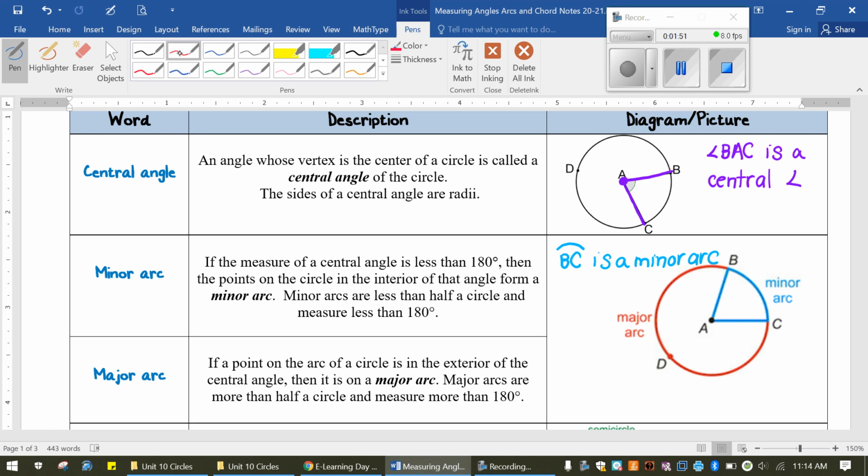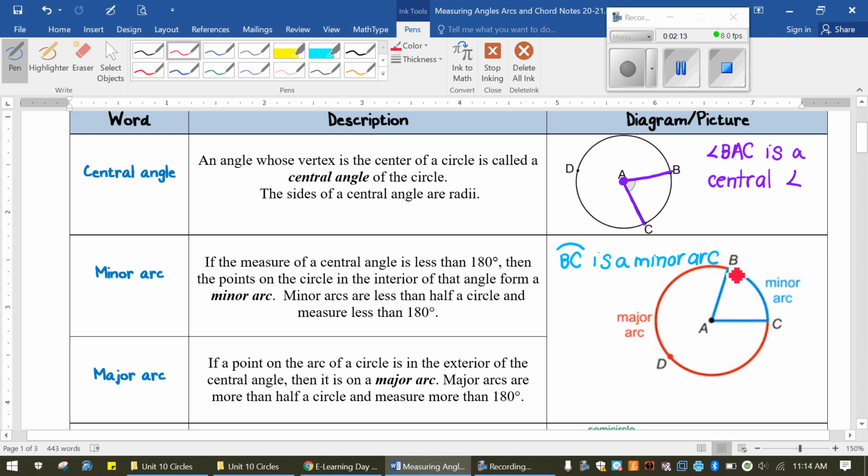A major arc, we are going to have to name with 3 letters, because if I say BC, I want to go the shortest distance in between them. BC does not mean going all the way around to connect those 2 letters. So if I want to name a major arc, I've got to include another letter for you to know which direction to go.